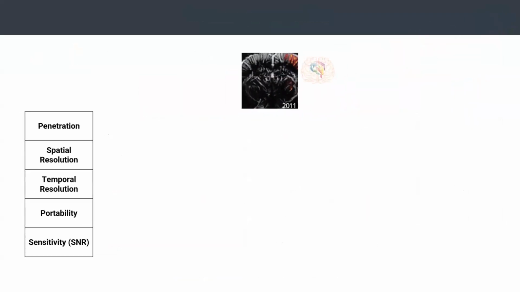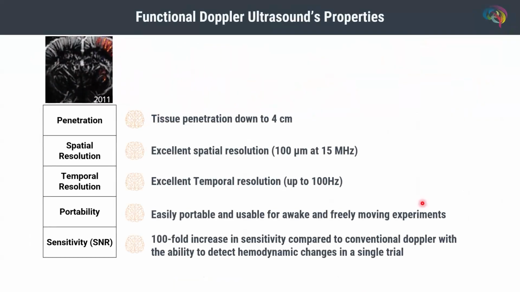And if we look now at all these features and give some numbers, because at the end this is what we care about, we have a tissue penetration that can be down to 4 centimeters using a 6 megahertz probe, an excellent spatial resolution of 100 micrometers at 15 megahertz, a very good temporal resolution between 2.5 and 100 hertz, because we saw before how fast we can be, which is something that we cannot do with conventional ultrasound.